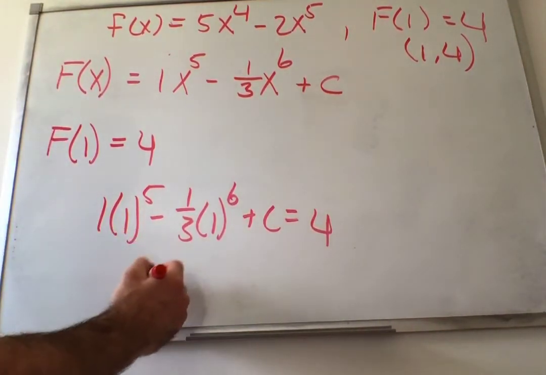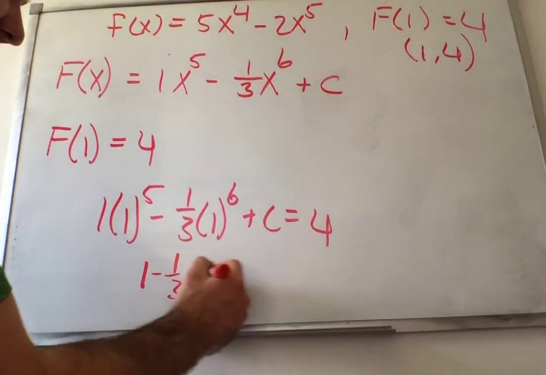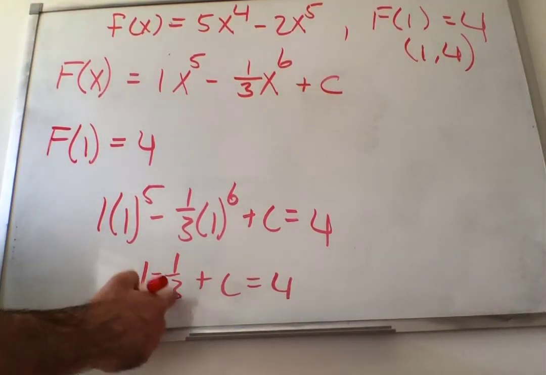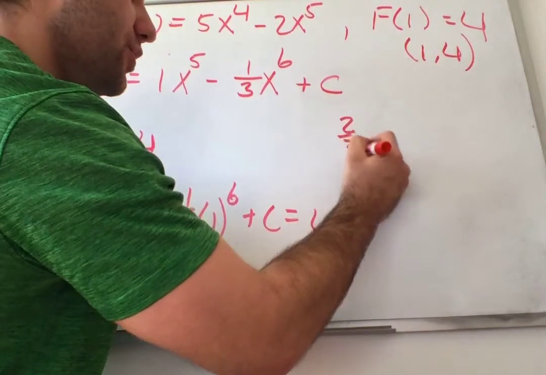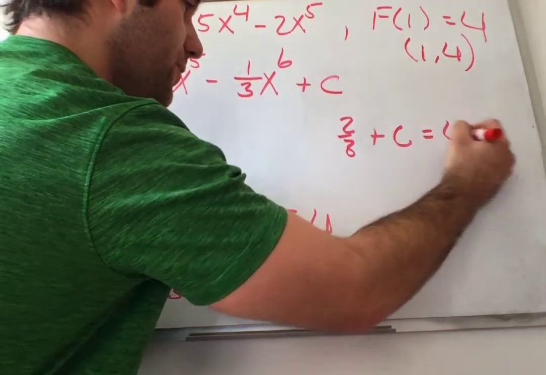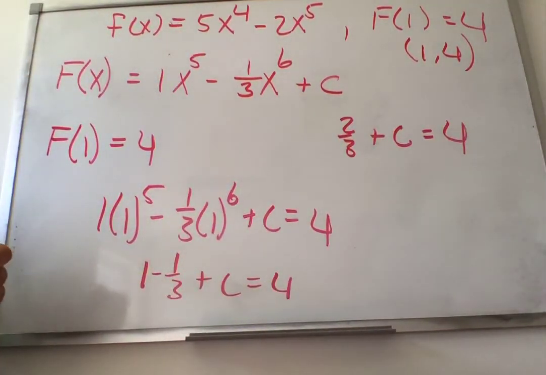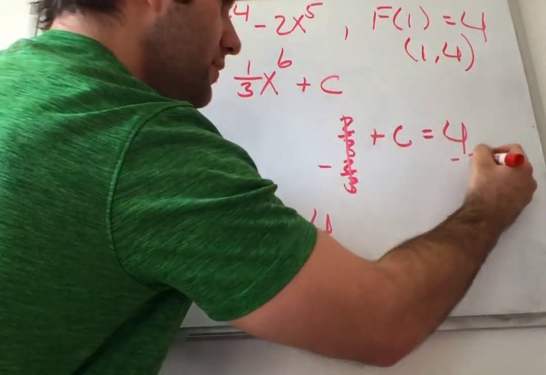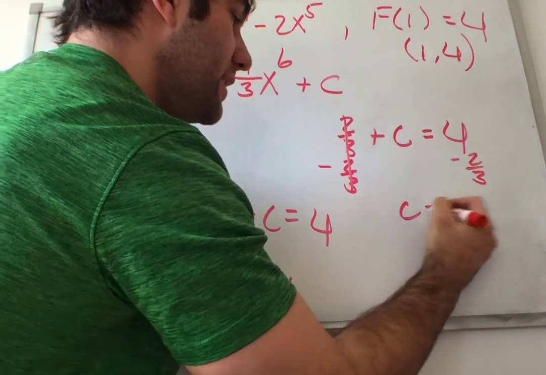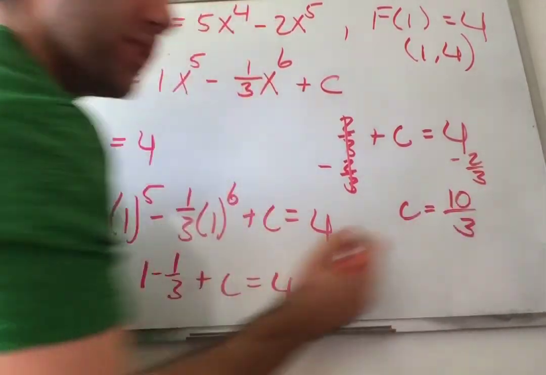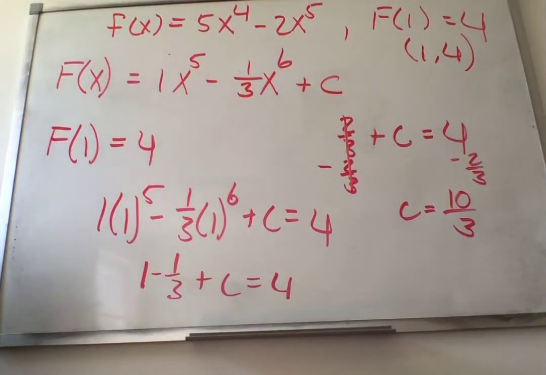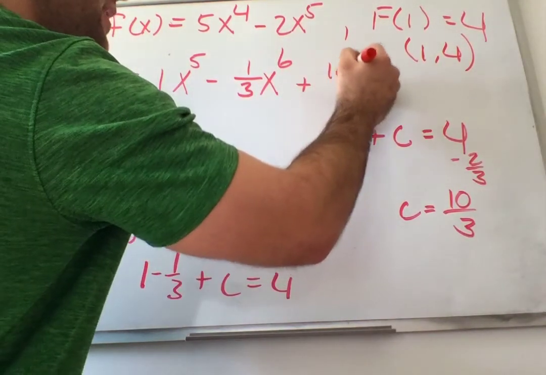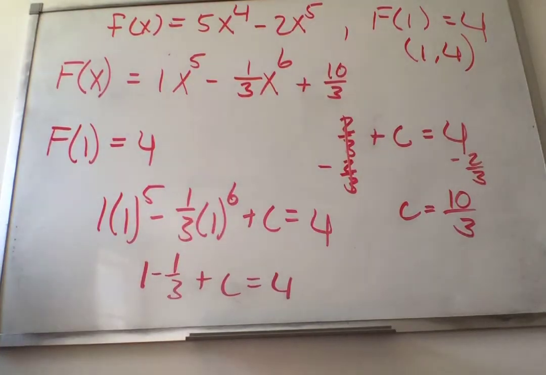Well, this is 1 minus 1/3 plus c is equal to 4. 1 minus 1/3 is 2/3 plus c is equal to 4. And then lastly, if I subtract 2/3 on both sides, c is equal to 10/3. So now we know that this constant should be 10 over 3.